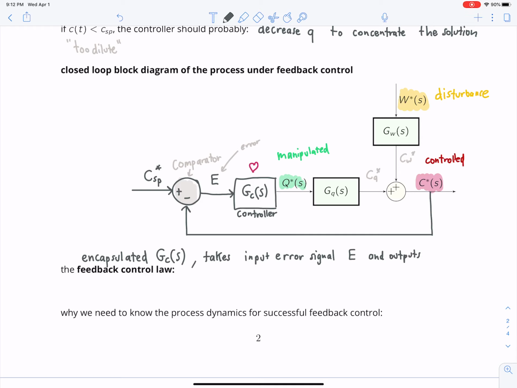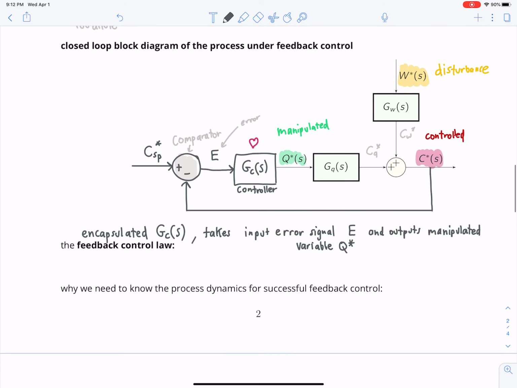So it tells the manipulated variable what to do. So it's an abstraction because actually we have a control valve in here, right, which then manipulates Q. But this is a simplified block diagram. It's good to start with this. We'll make it more complicated and realistic later.